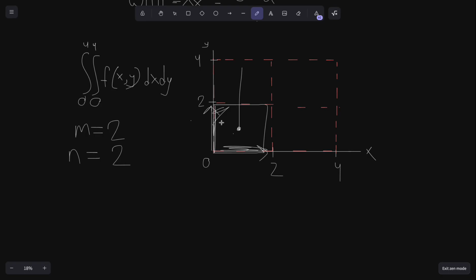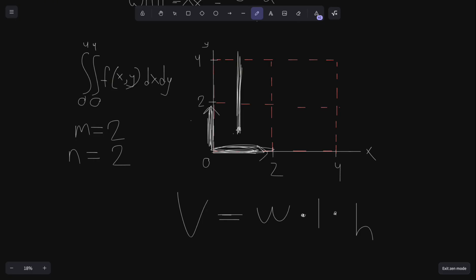Because at the end of the day, if you're trying to find the volume of a rectangular prism, we can say that this is the width, and this is the length right over here. So width times length, and then we can find the height by just plugging in this midpoint value into our actual function.